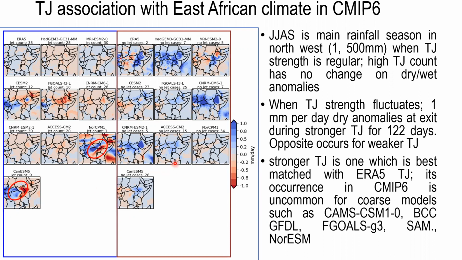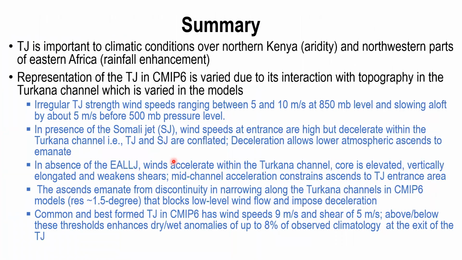Just a summary, tying up everything: this TJ is important to northern Kenya and northwestern parts of East Africa, bringing about enhancement of rainfall.